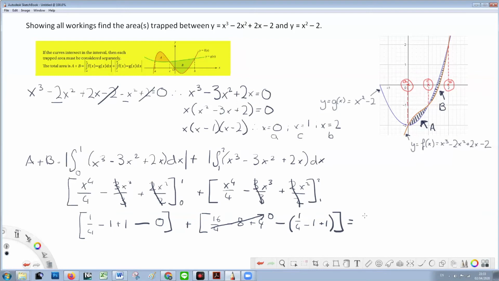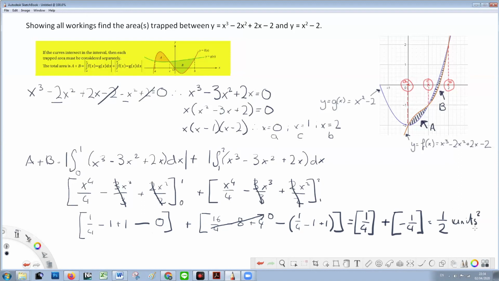And that very quickly is going to go to a quarter plus a quarter. Now the area can't be a minus a quarter, so you're eventually going to be left with a half units squared. And that is the answer.